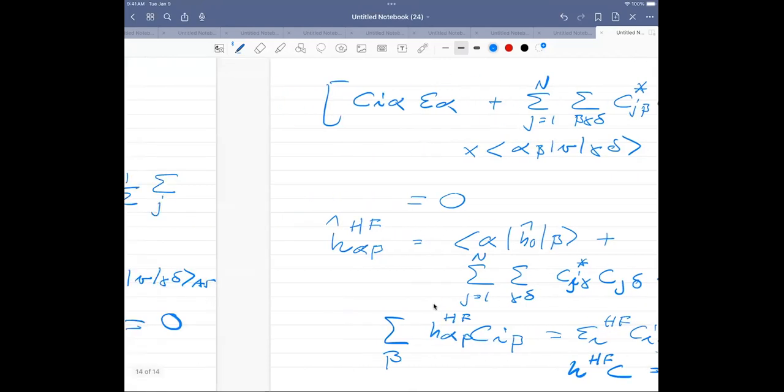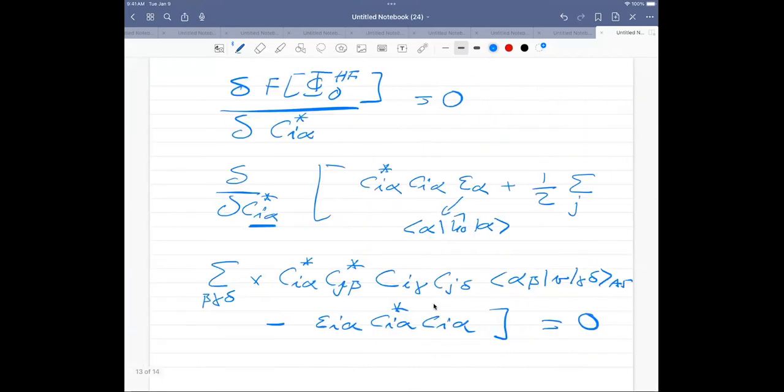Because in the sums here, there will be 0 contributions. Is that more close to what you were thinking of? Because your Hamiltonian has some specific symmetries which are obeyed, and then you could actually have specific contributions which have to be 0.